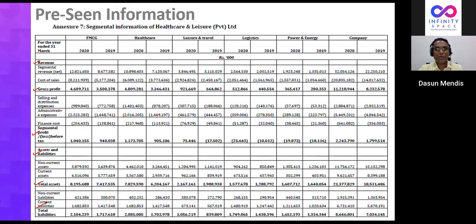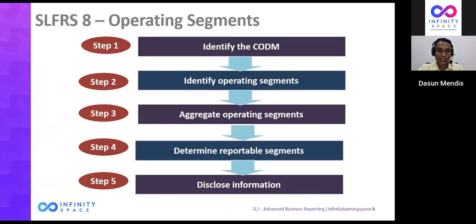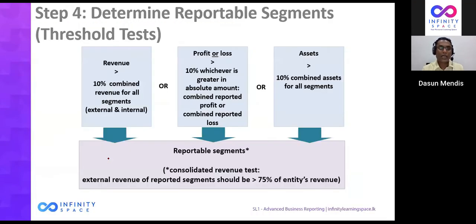Now, the examiner can test, if we want to go into too much technicality, the threshold test I highlighted in step number 4. First you have individual threshold tests: the revenue test, profit or loss test, and asset test. Thereafter, you have a consolidated revenue test as well.